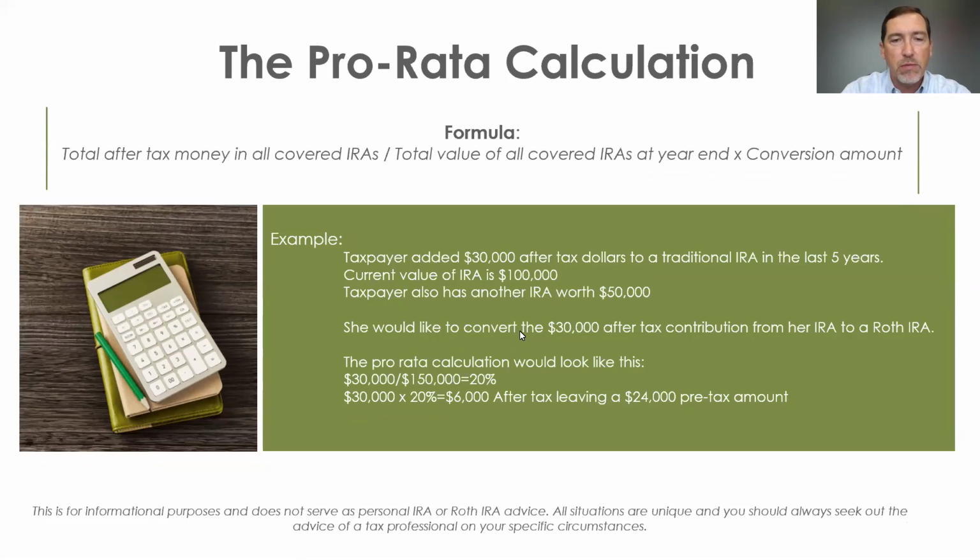It comes out to 20%. You take the $30,000 and multiply it by the 20%, which gives you $6,000 of after-tax money leaving and a $24,000 pre-tax amount. So you're paying taxes on that $24,000. That's why it's so important to have this calculation and consult with your tax and financial professional.